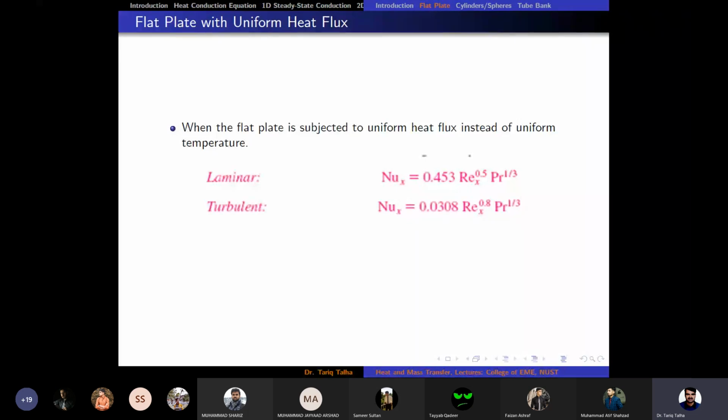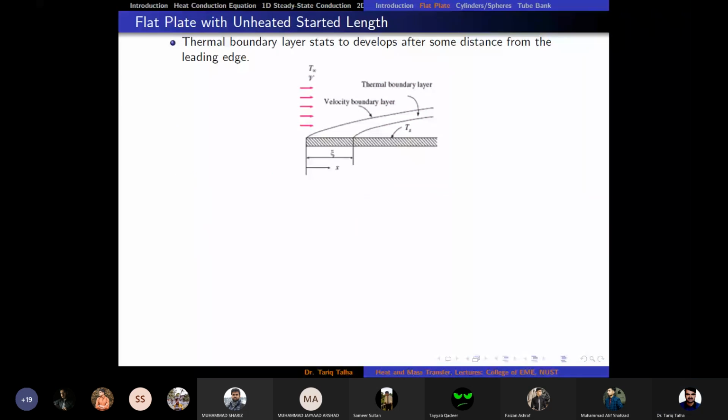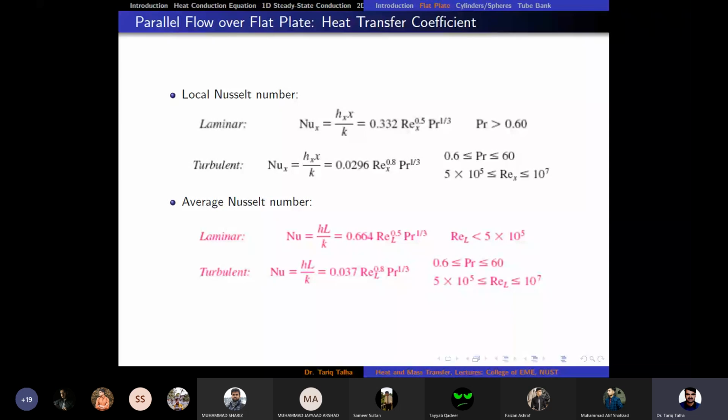Is there any query in this discussion about the Nusselt number correlations? We have discussed the correlation for flow over a flat plate for laminar and turbulent flows.